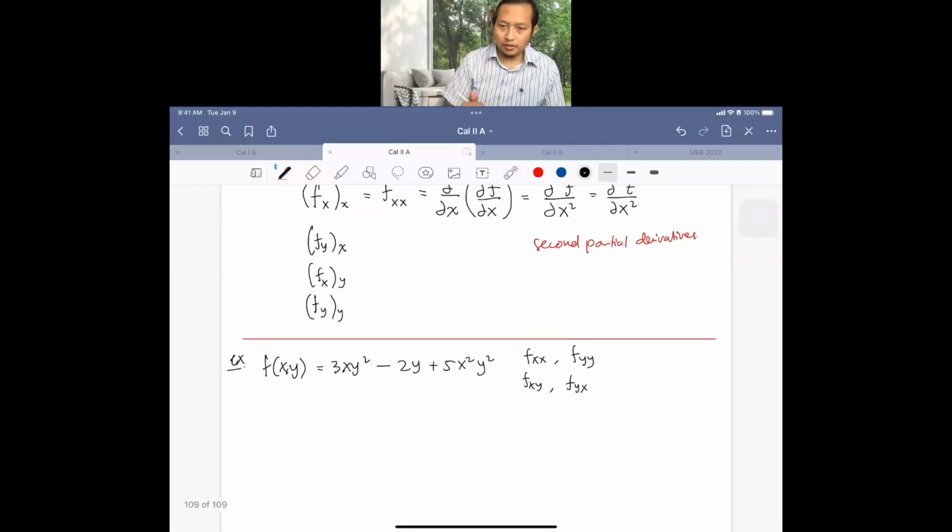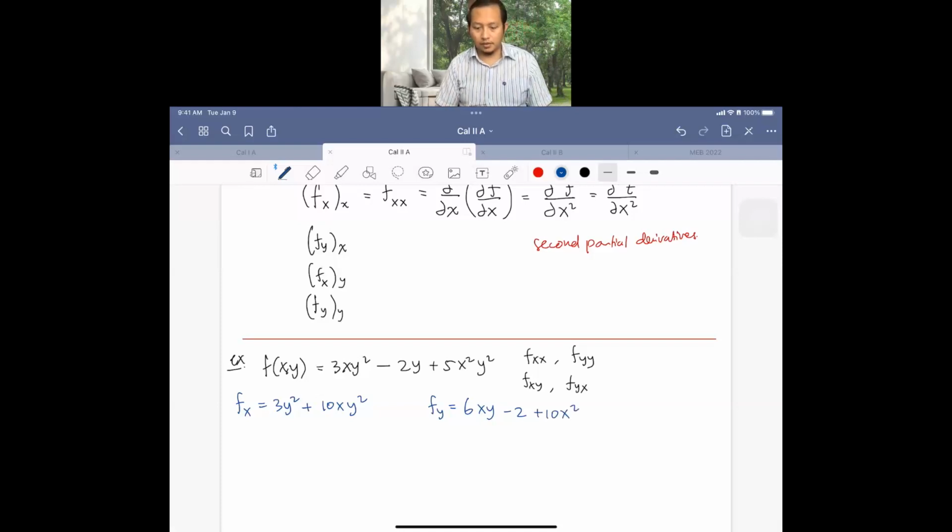So first we write the partial x and partial y. Partial x, we will have 3y squared plus 10x y squared, right? And then partial y, we write down 6xy minus 2 plus 10x squared y.